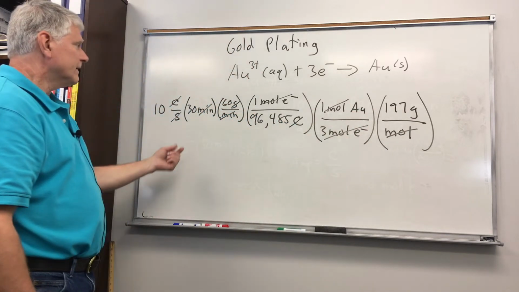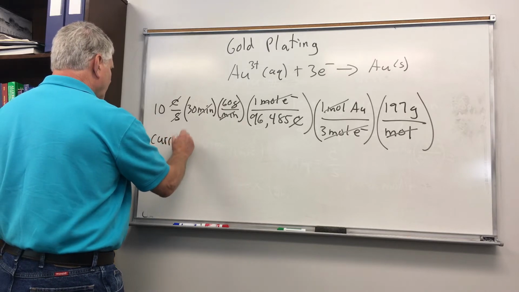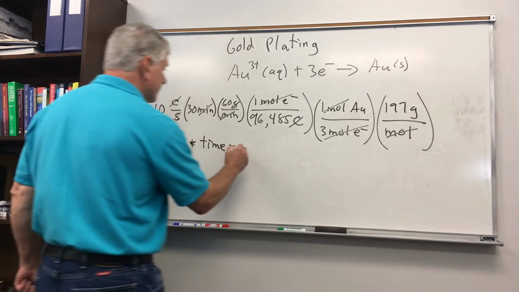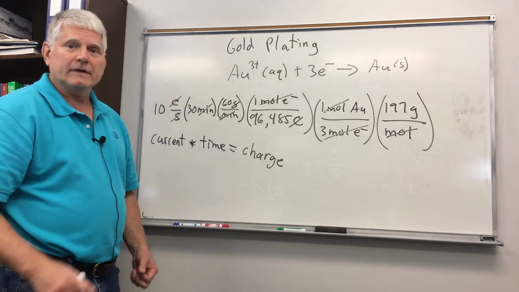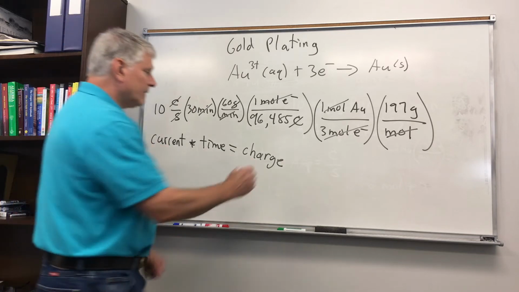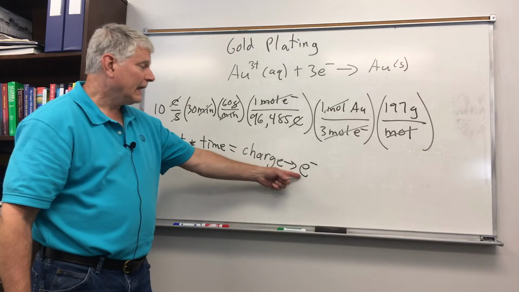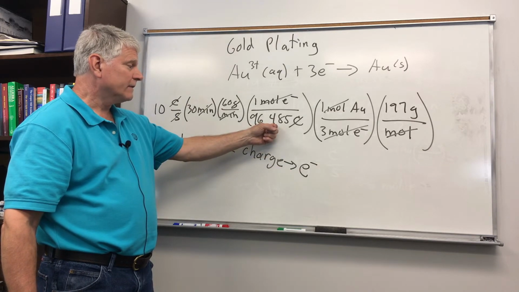So in summary, we've taken the current times the time, so that gives me the total charge. And since an electron has an individual charge, that will tell me how many electrons I have run through the reaction, and I do that through Faraday's constant.